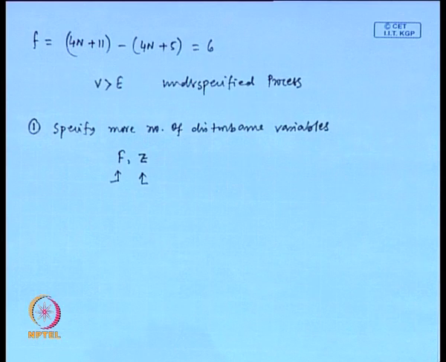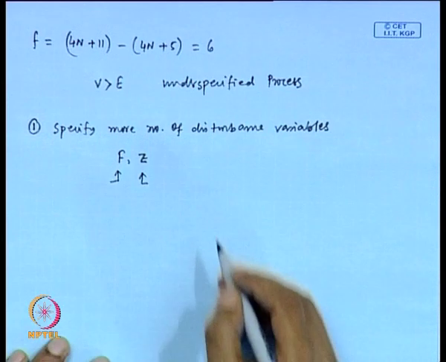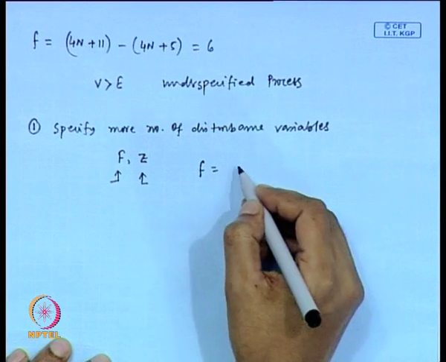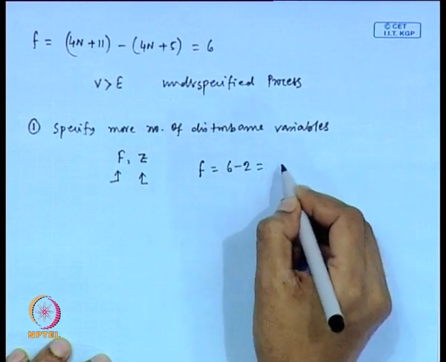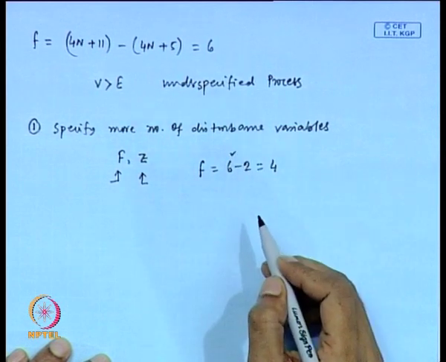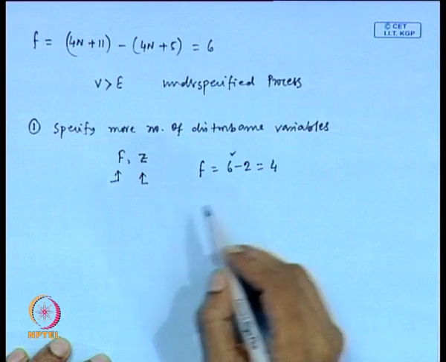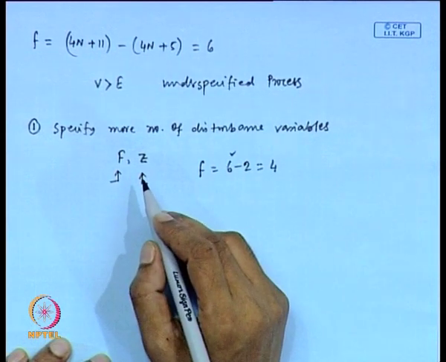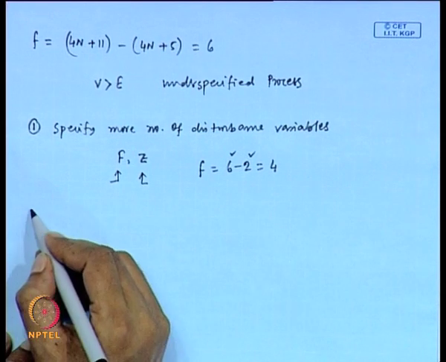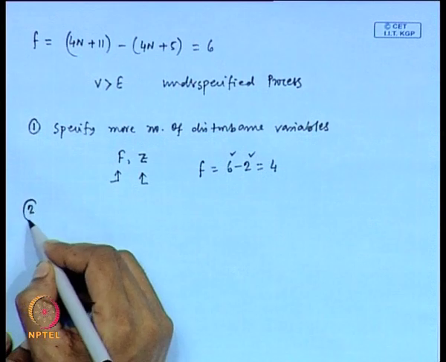Then we have the composition information. If that is the case, then F reduces to 4. Previously F was 6. We are specifying these two disturbance variables, that means -2. So, F becomes 4.